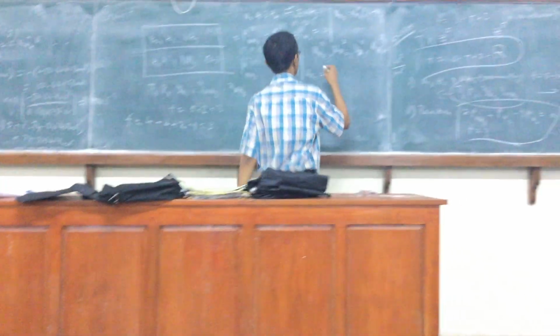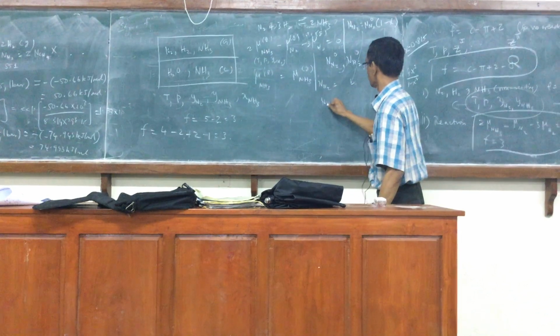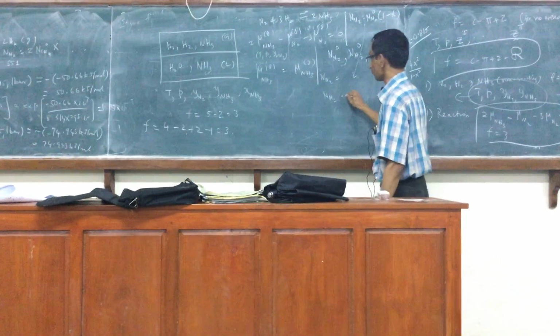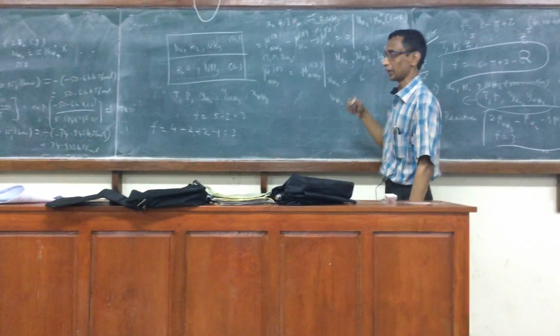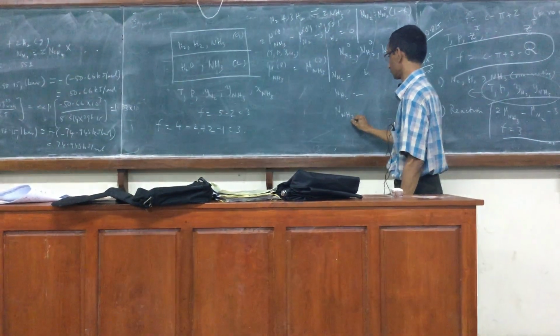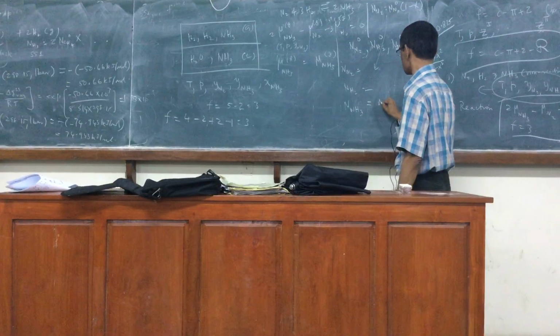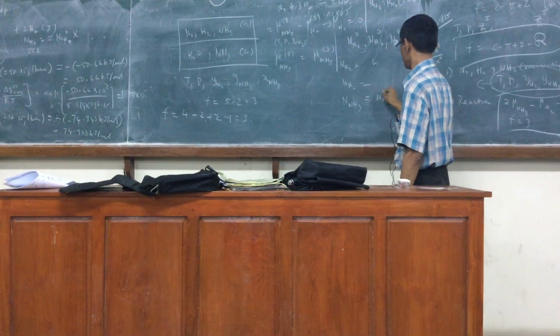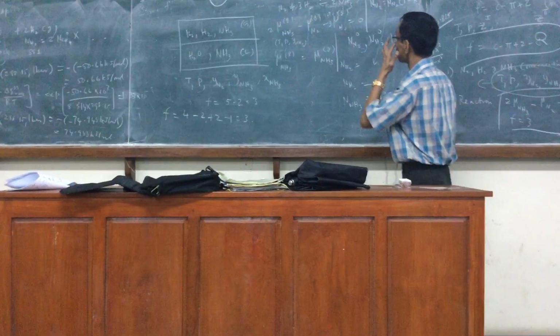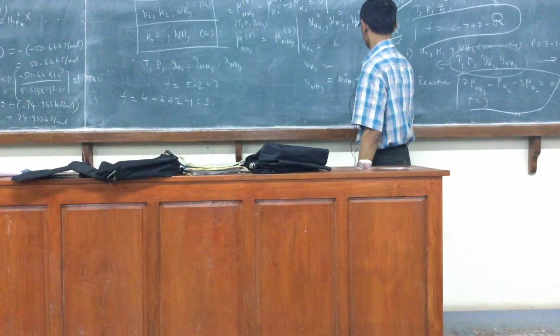So now the main point is N2 is there, H2 also we know the equation that we had earlier. Now with NH3, also the same equation: NH3 naught plus 2x.